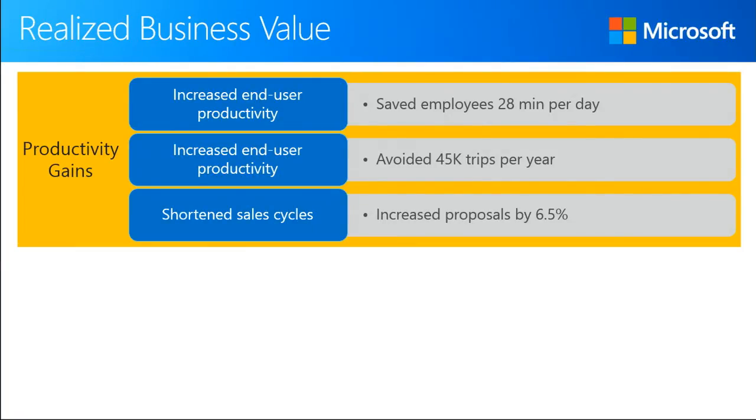And then obviously the sales cycles shortened because I could now get a team together without having to drive to multiple locations. I could have somebody on the road join the meeting and we could be sharing the deck. A great example of this was I was in Paris with one of our partners, and they needed to reach back to Redmond to talk to somebody in Redmond and somebody in India for a sales presentation.